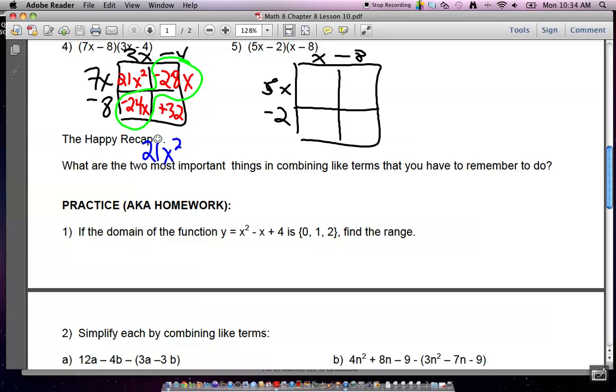Since they're alike and they go in the same bucket, I just have to add them up and see how much there are. It's as if you literally did this. Drew a bucket and put a -28x, don't forget there's a negative there, and a -24x, and you tell me what's in the whole bucket. There's -52x. And last but not least, positive 32 has nothing to combine with it. So your correct answer is 21x squared minus 52x plus 32.